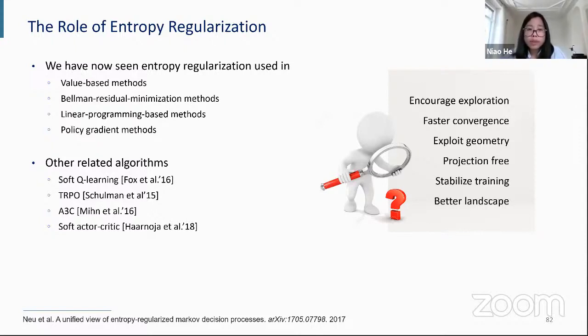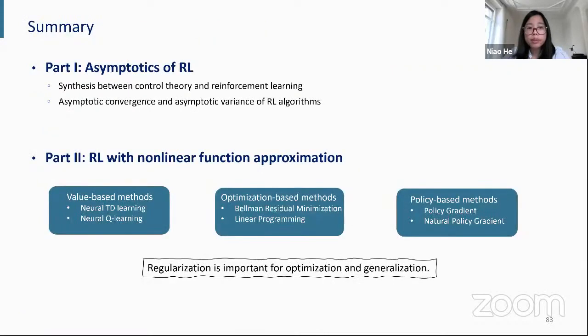The folklore theory says that entropy regularization helps you with exploration. So I would say there is a bit of each of those in different settings, and this is definitely a very powerful and useful technique for this type of optimization-based reinforcement learning algorithm.